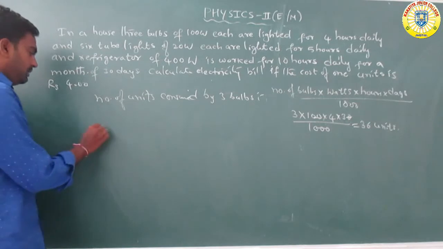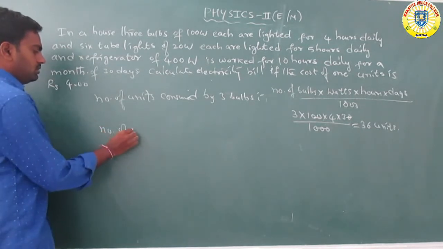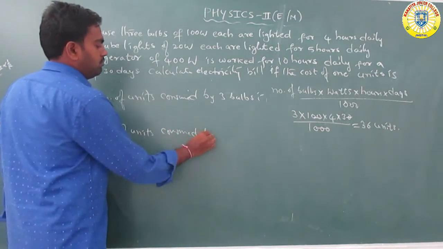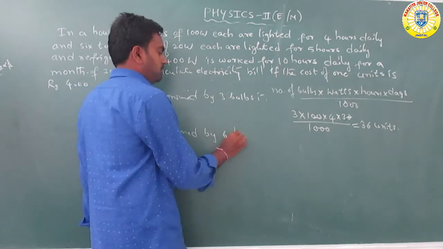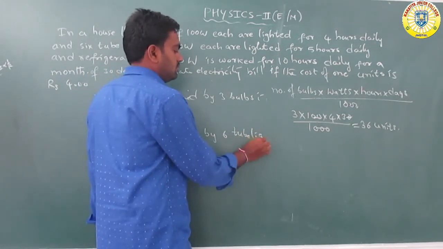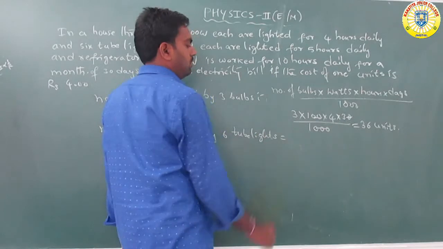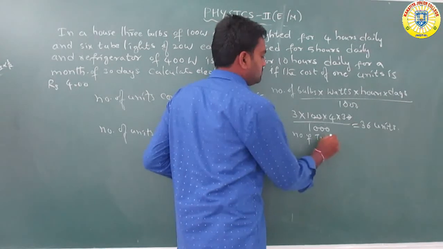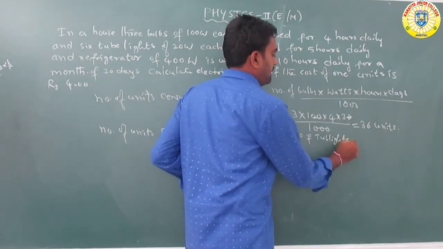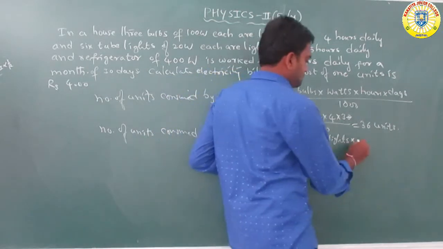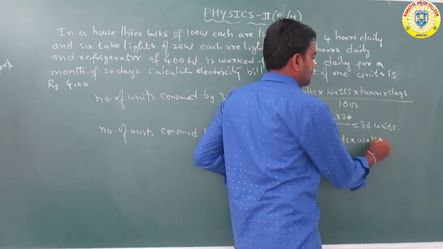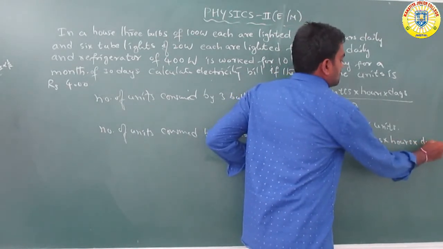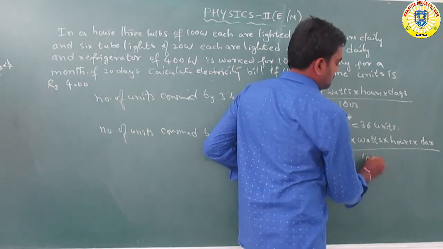So the number of units consumed by 6 tube lights is equal to number of tube lights into watts into hours into days, divided by 1000.